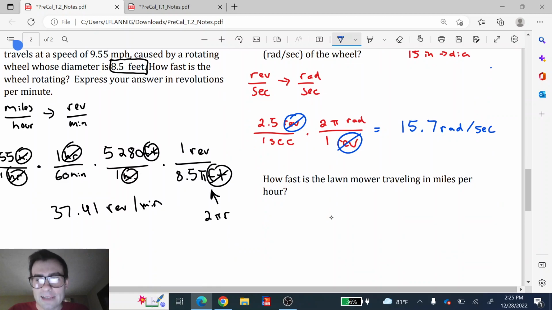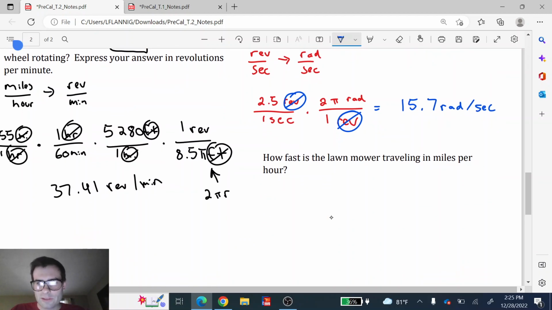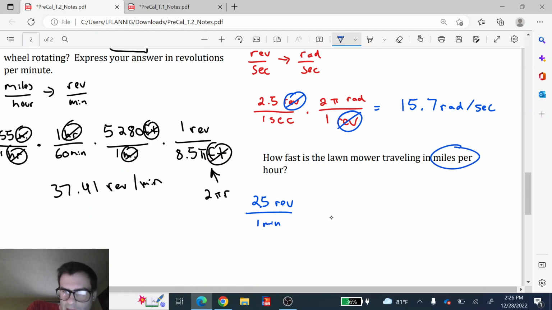The next thing, the last thing, how fast is the lawnmower traveling in miles per hour? So you're given 2.5 revolutions per minute. And our goal is to get to miles per hour.